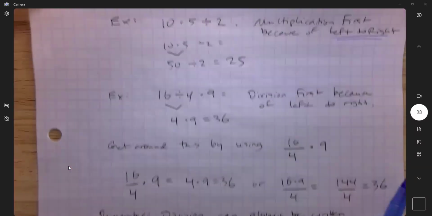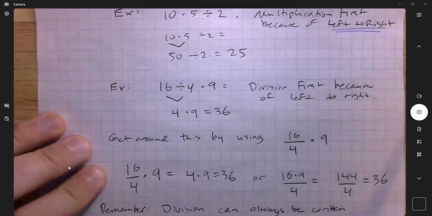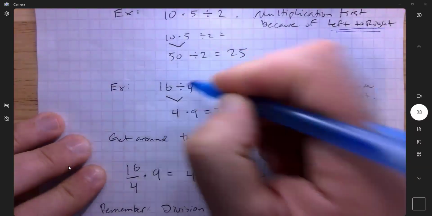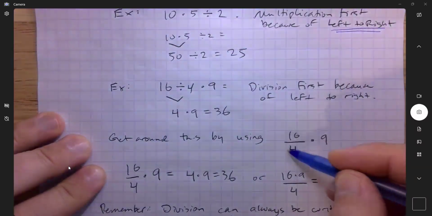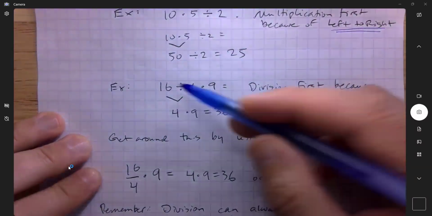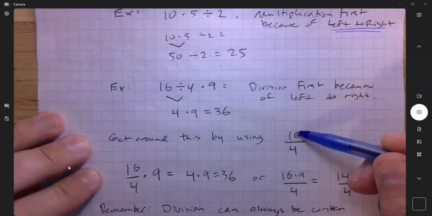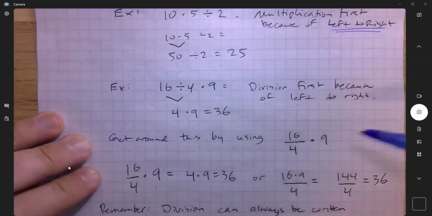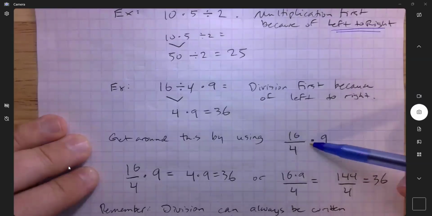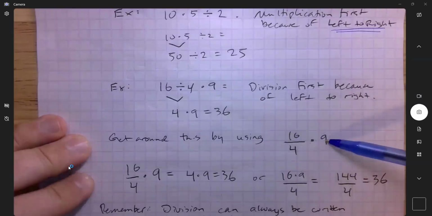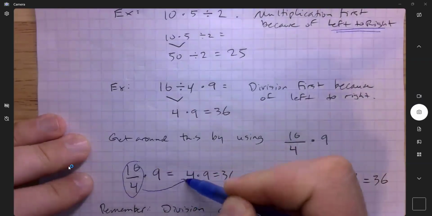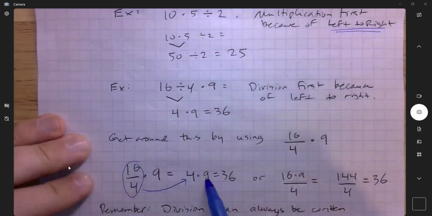Now, I think this can be confusing, and the best way to get around this is to not use this inline division symbol, but to write your divisions as fractions. 16 divided by 4, I can write as 16 over 4. And so when I do 16 divided by 4 times 9, well, I could do the 16 divided by 4 first, which is 4, and then multiply by the 9 to get 36.